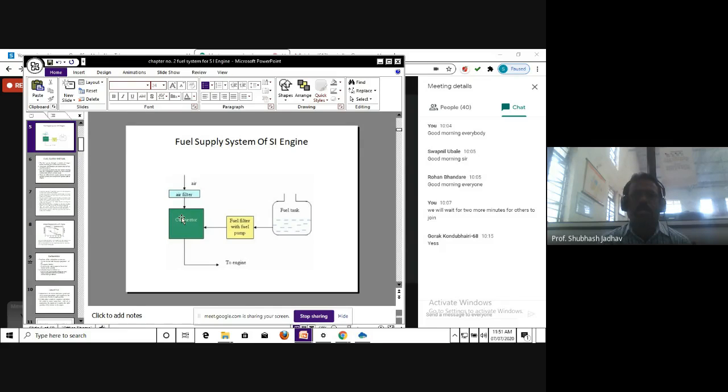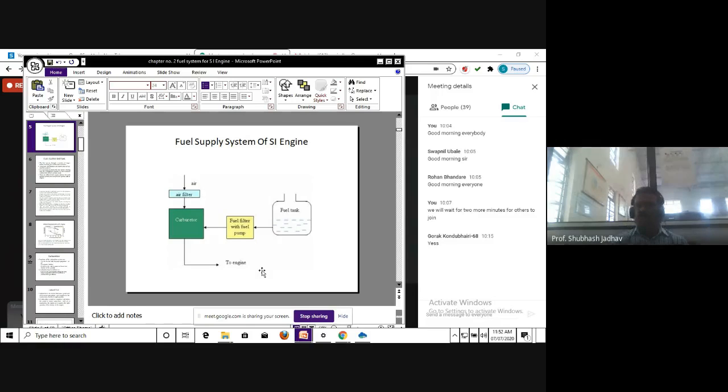Now, how much is the proper size? So that all the liquid fuel is able to convert into vapor. And there should be some provision to mix. Why does the mixing have to be there? In order to ensure that a uniform mixture is being produced and supplied to the engine.